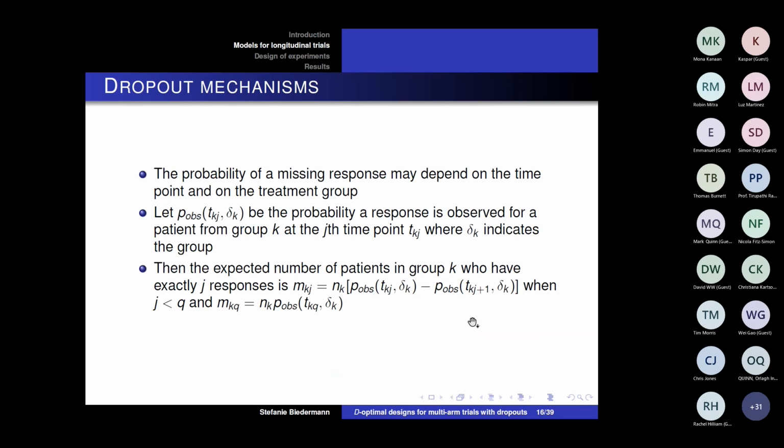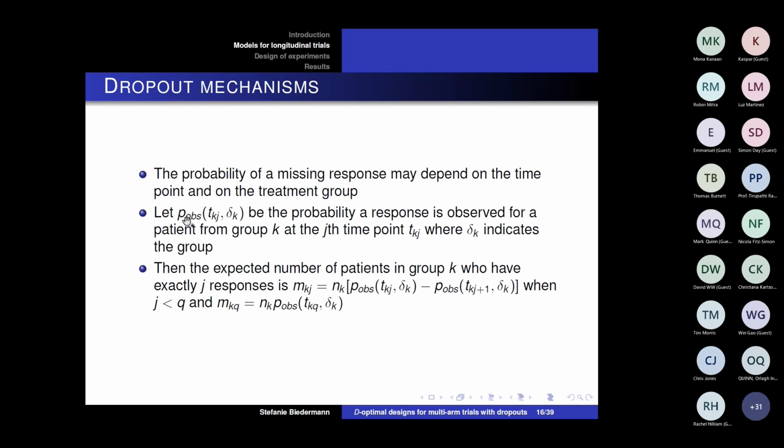Okay, so that is for the case when we expect to observe everything. But then, what happens if we have dropout? We assume that the probability of dropout will depend on the time point. So the later in the trial, the higher the probability of dropout. And it will also depend on the treatment group.